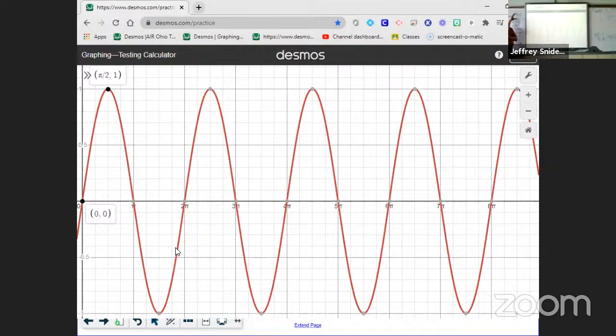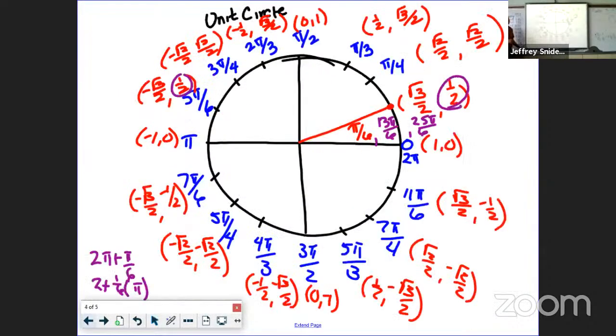When's the y value 1/2, guys? At pi over... isn't that the one I just did with you guys? At pi over what? 6, right? What's 3.14 divided by 6 roughly? A little about 0.5.